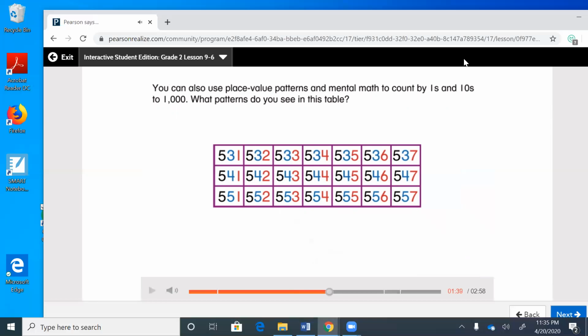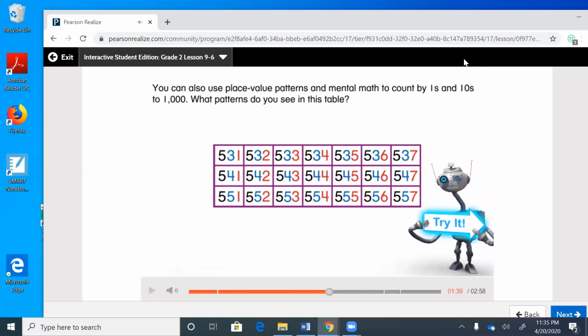Look at the table and just look for some patterns that you are noticing. What do we notice about all of the black numbers? They are all 5s. Let's look at the blue numbers. Well, the blue numbers on the top, all 3s, right? Then 4s, then 5s.